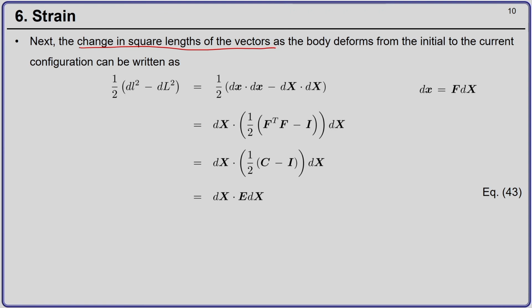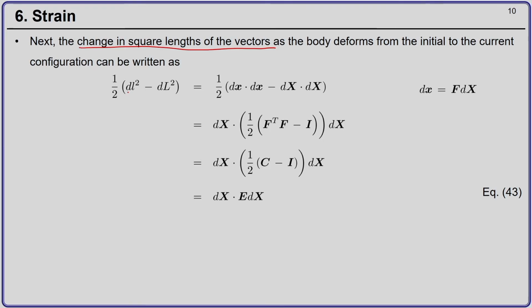Now, the change in square length of the vectors is what we consider. As the body deforms, what happens to the change in the square length? We have to compute dl square minus dL square, and this 1 by 2 is retained. So, this is nothing but 1 by 2. dl square is nothing but dx dot dx, and dL square is nothing but dX dot dX, because dx is F dX.